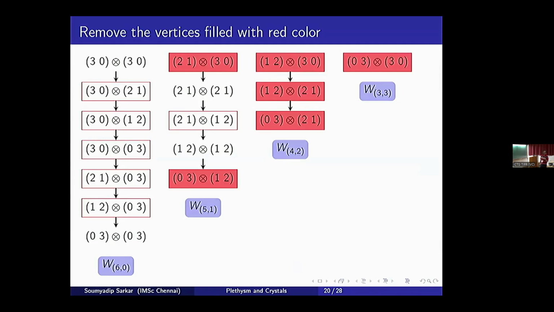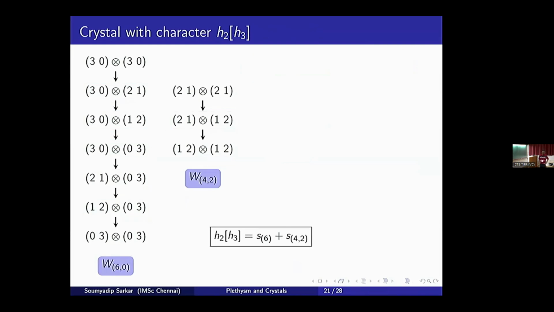But a permutation of it, (3,0) tensor (2,1), already occurs in W_60. So I have colored all such vertices with red fill. For example, inside W_42 there is (1,2) tensor (2,1), but a permutation of that, (2,1) tensor (1,2), already occurs inside W_51. So what I will do is remove all the vertices which are filled with red color.